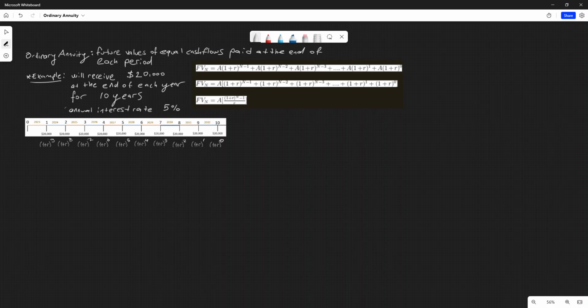To do that, I will use the first formula you have seen here, and then move on to the second and finally the third formula. Let's start with the first one.